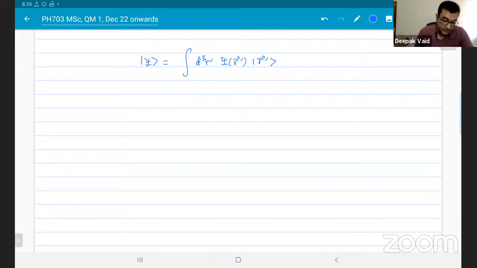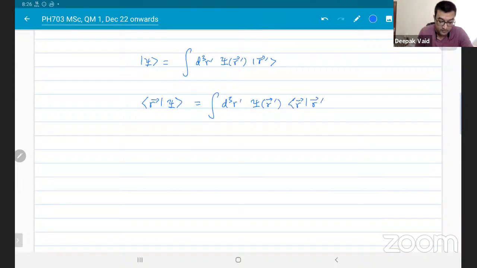So this, okay, I'll write it as r prime. It doesn't matter, right? I can call it anything. Now I take ket r and I take this inner product. Okay? What will this give me? d cubed r prime, psi of r prime, then ket of r prime like this, right?